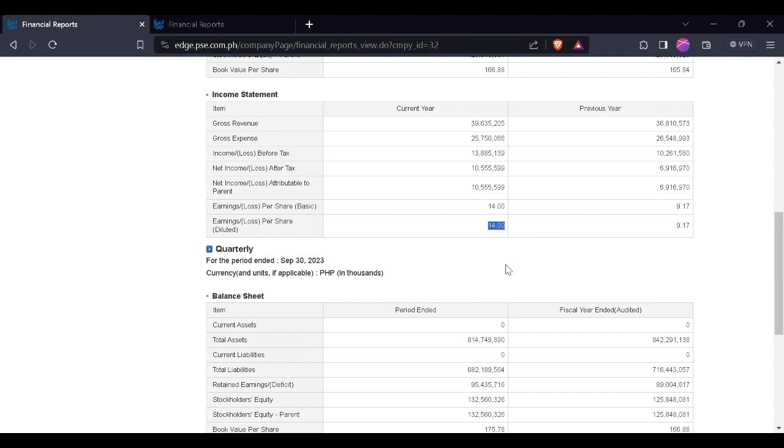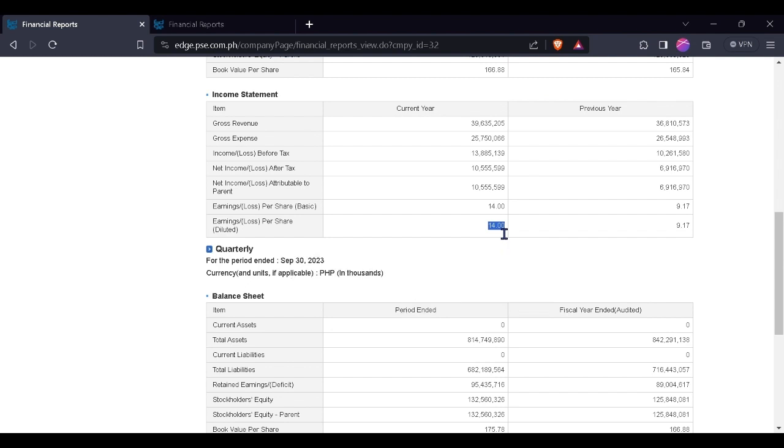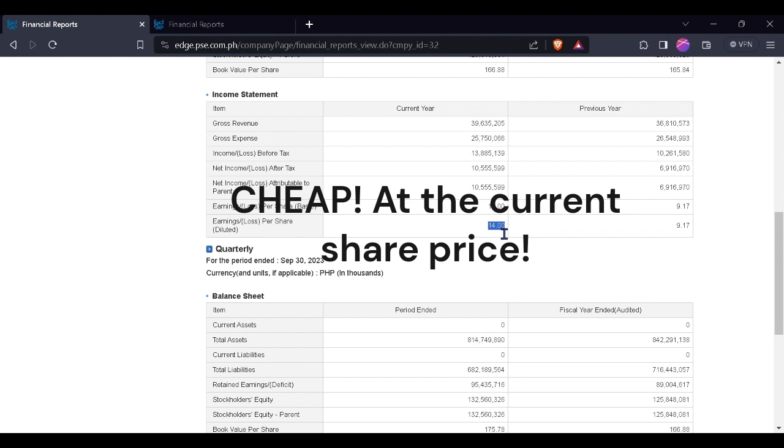Now, if you divide the share price of Security Bank, which is 71 pesos and 19 centavos, by 14, you will arrive at a PE ratio of 5.13. So, based on what is said in The Intelligent Investor, this stock, using the PE ratio alone, is already cheap at the current price.